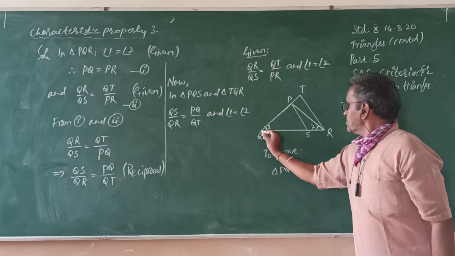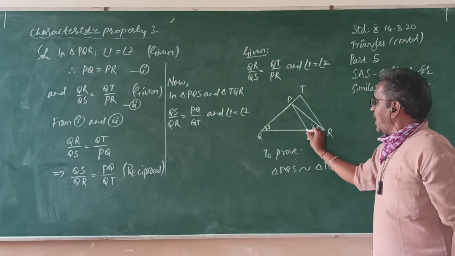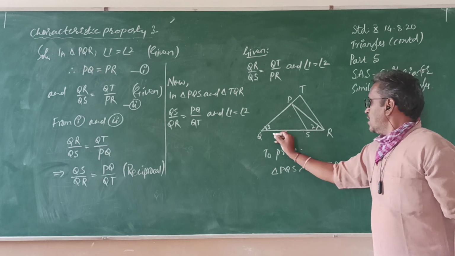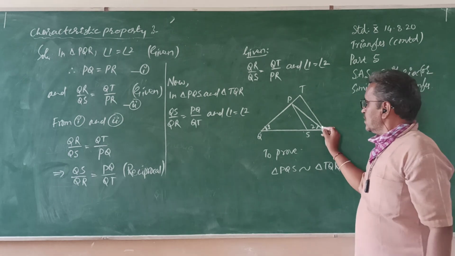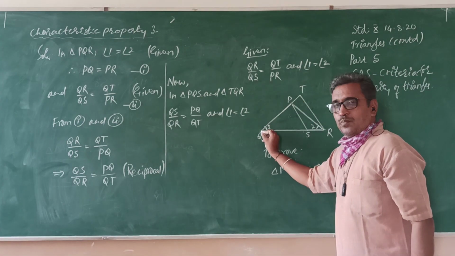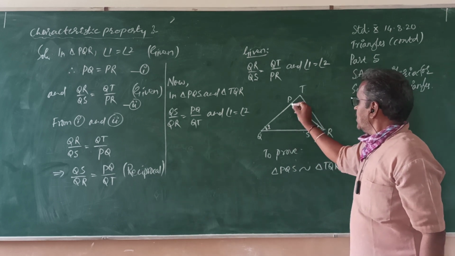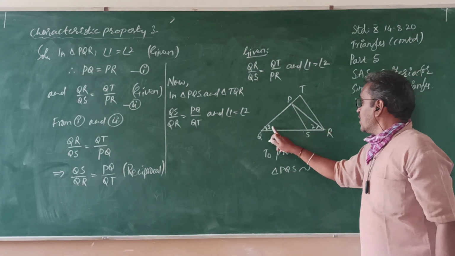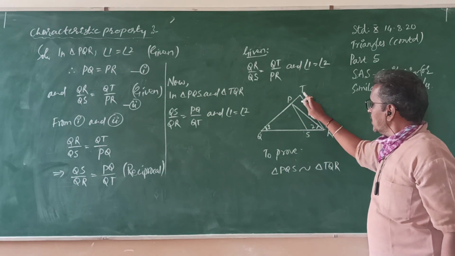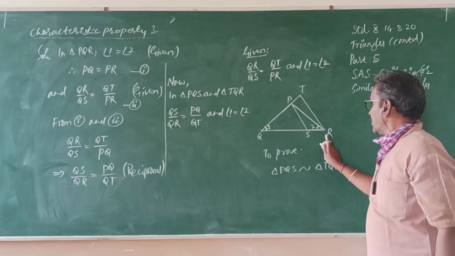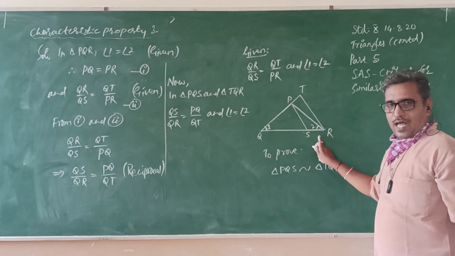QS is the side of triangle PQS, QR is the side of triangle PQR, PQ is the side of triangle PQS, QT is the side of triangle PQR, and angle 1 is related to PQR, angle 2 is related to PQS, and the angles are equal.